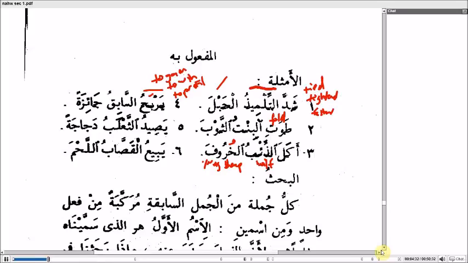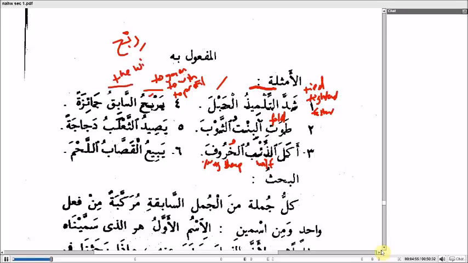As-sabiq is from sabaqa, meaning to proceed. So a sabiq is the one who preceded, but here it means the winner.